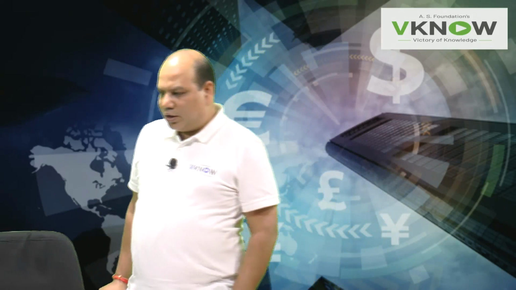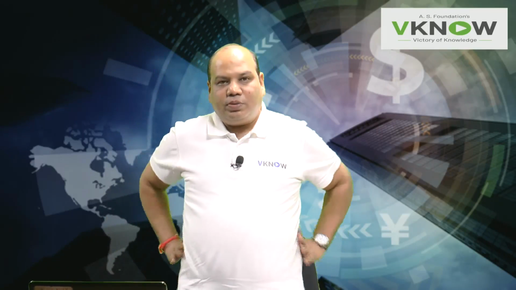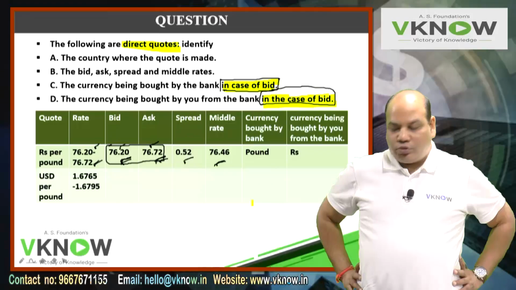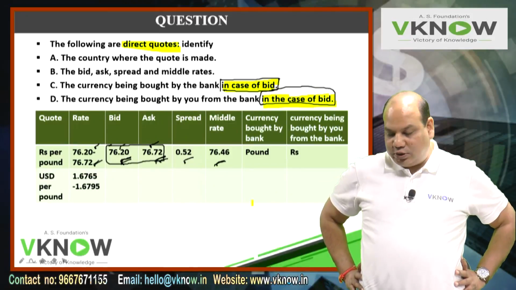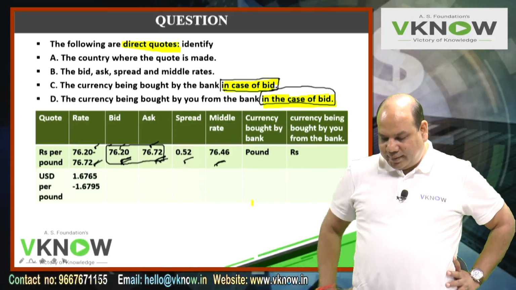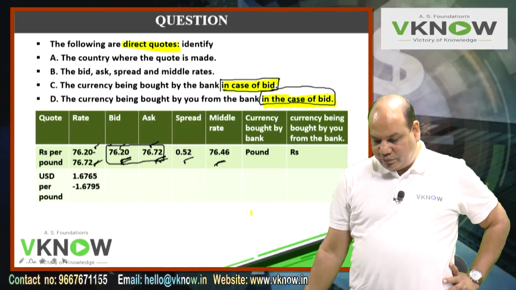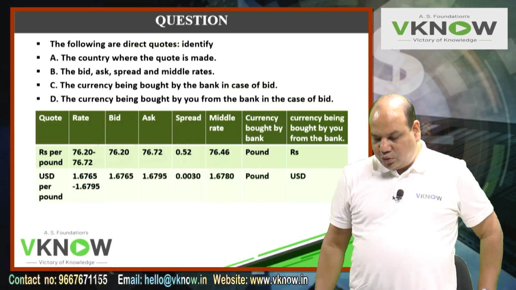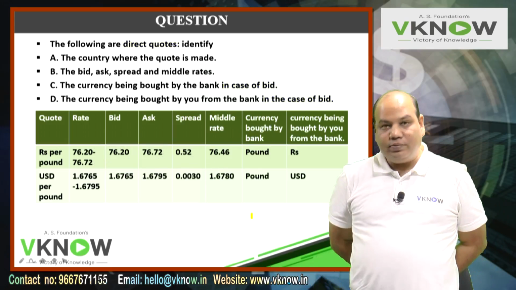So now let us check the answer. The rate given is USD per pound. If it is USD per pound, and if they are saying it is a direct quote, the home currency is USD. Foreign currency is pound. Bid rate will be the lower one, 1.6765.